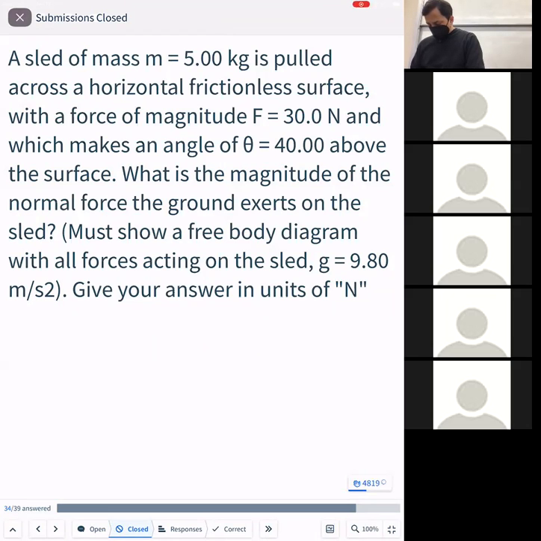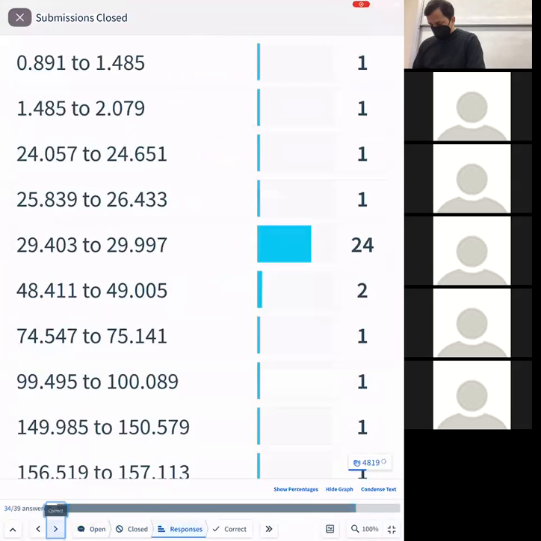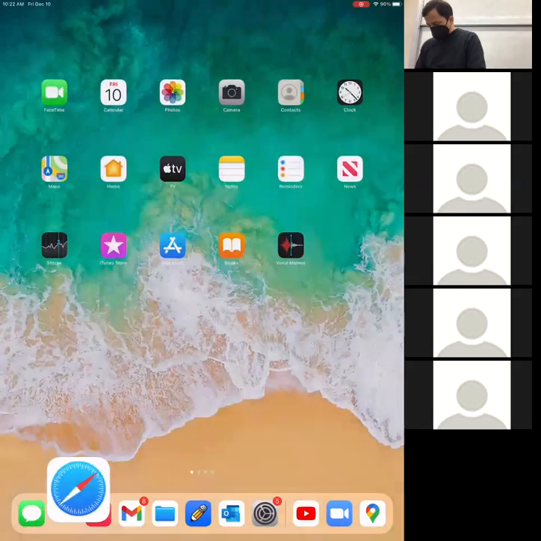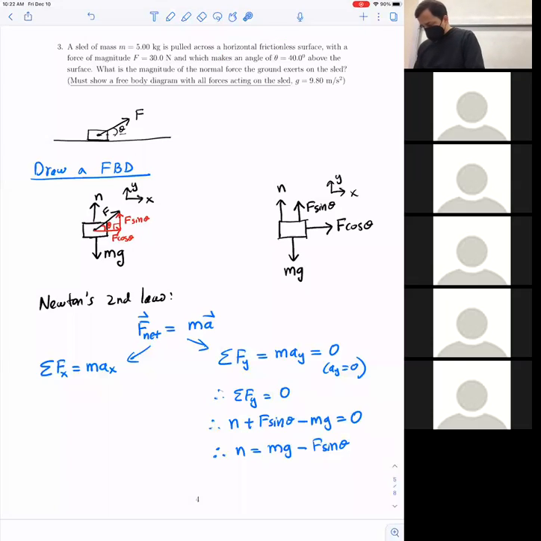All right, let's see what we got. Yes, so it looks like most of you got it. And the correct answer here, if I now plug in numbers, we know that M here is 5 kilograms, G is 9.80 meters per second squared, F is 30 newtons, and theta is 40 degrees.